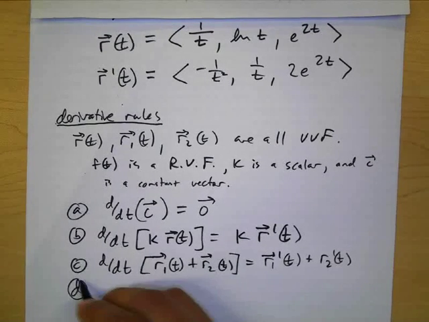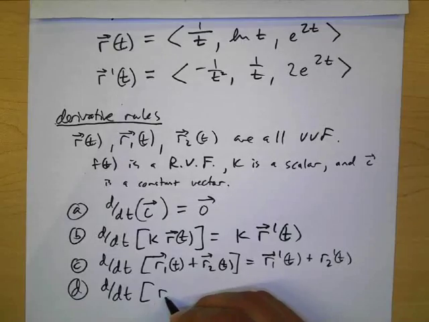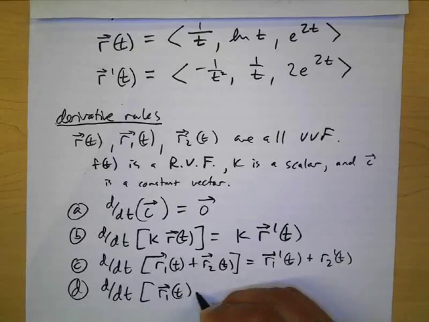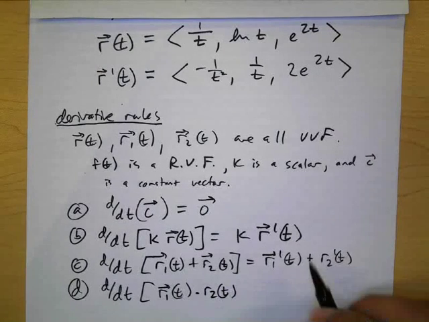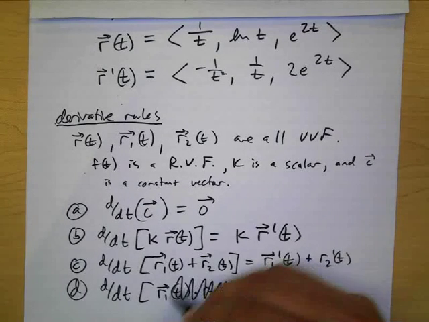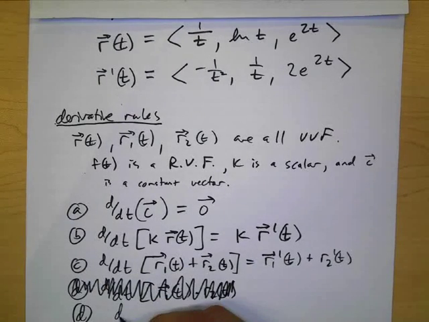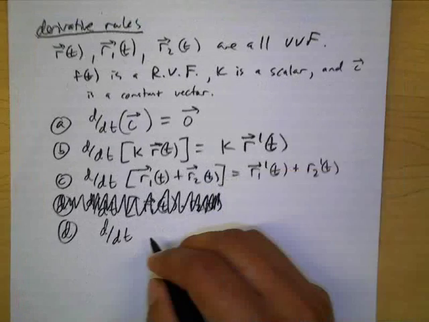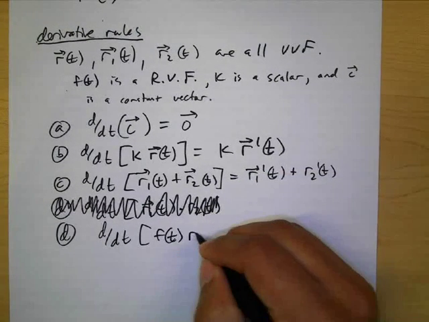And if you take the derivative of a product, say r1 times r2. Oh, you know what? Let's not, that's later. I'm thinking dot product. Scratch that. Sorry. Derivative of a real valued function times r of t.